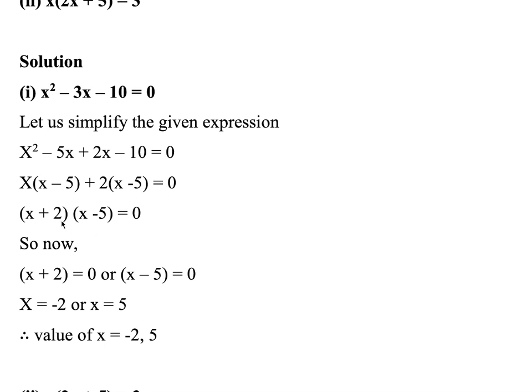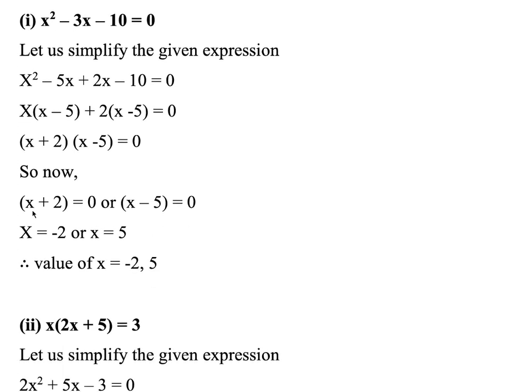So x plus 2 into x minus 5 is equal to 0. Now either x plus 2 is equal to 0, so the value of x will be minus 2, or x minus 5 is equal to 0, so you will get the value of x is equal to 5. So the values of x are minus 2 and 5.